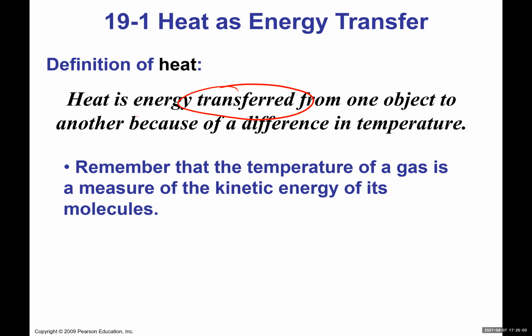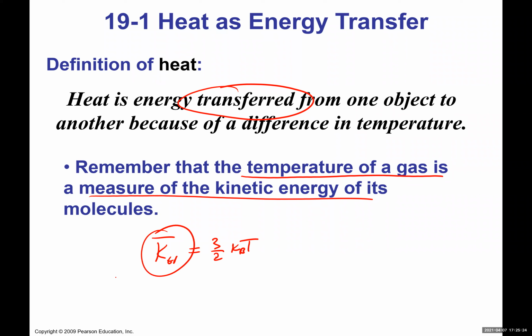And the temperature of a gas, if you remember, is a measure of the kinetic energy of its molecules. This average translational kinetic energy was 3/2 kT, where k is the Boltzmann constant. So the temperature is nothing but the average kinetic energy of your system.